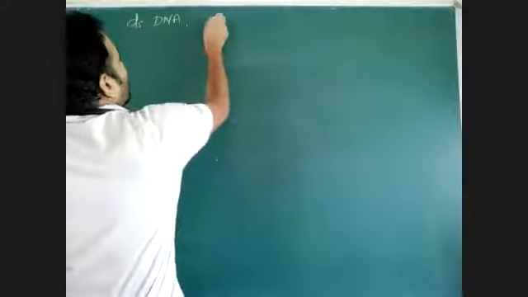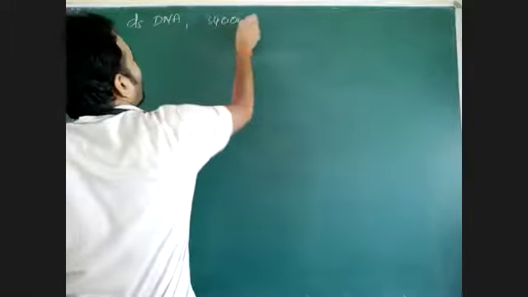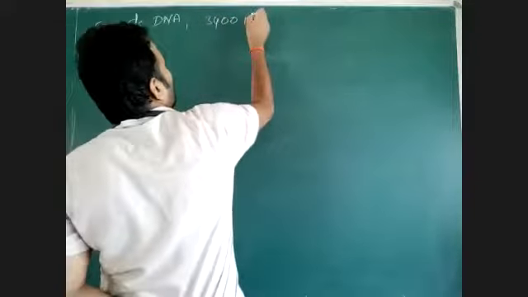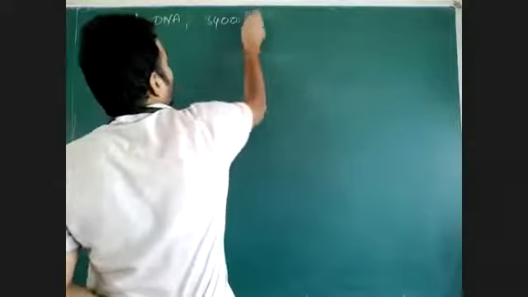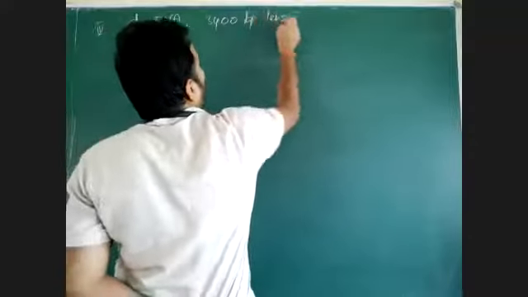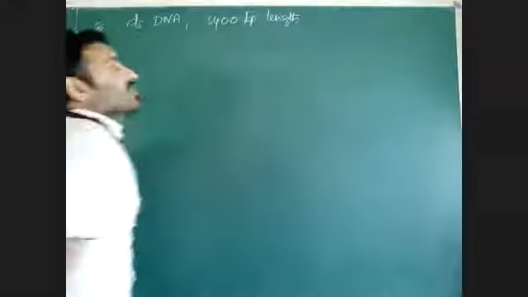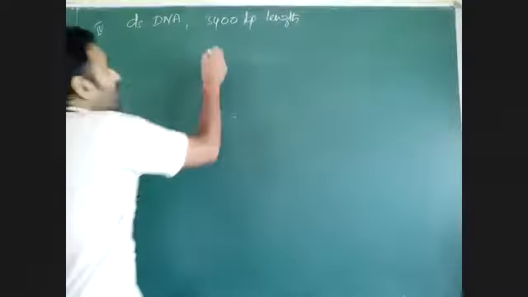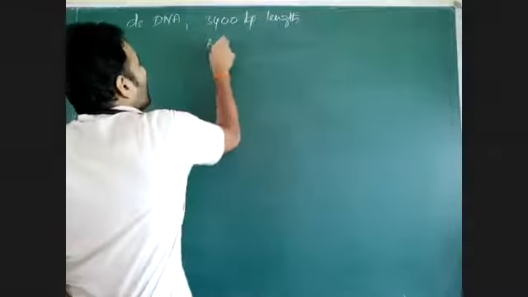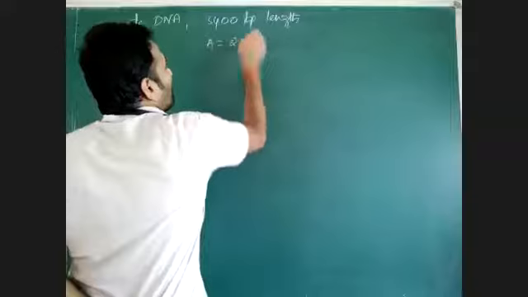It has 3,400 base pairs length. 3,400 nucleotides base pair length, and in that number of adenines is equal to 20%.